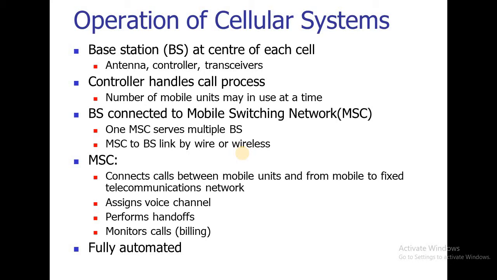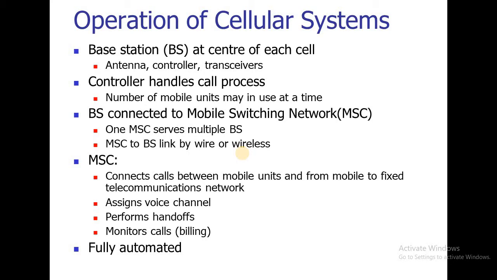The controller is nothing but the base station, which handles all the calling and receiving processes. There may be multiple mobile units in use at a given time. There may not be only a single cell phone connected to the base station. A single base station can handle multiple mobile stations.